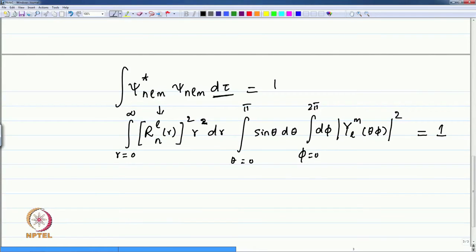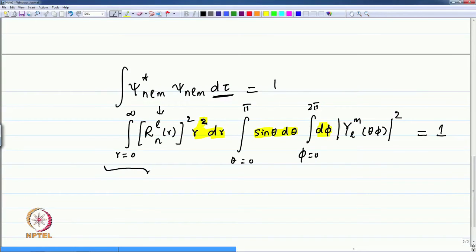Now you see that the d tau is essentially r square dr d theta sin theta d phi, and the rest of it is psi star n l m psi n l m.